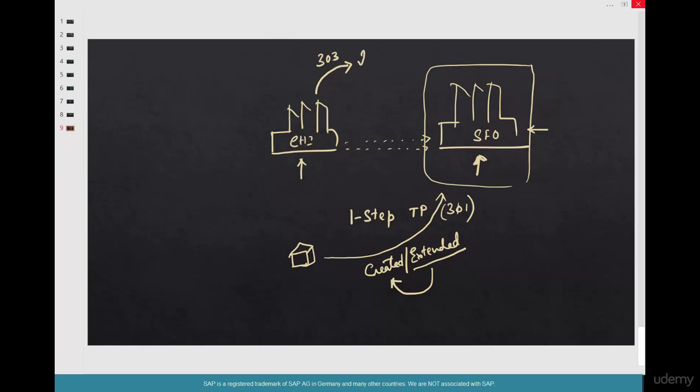Right now this becomes in transit, and then place in stock using movement type 305. So this is two-step transfer posting. So this is an example of stock transfer using transfer posting from one plant to another.